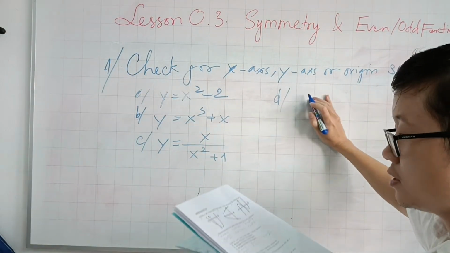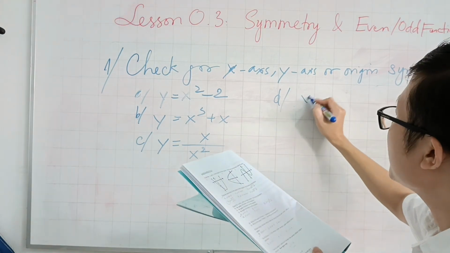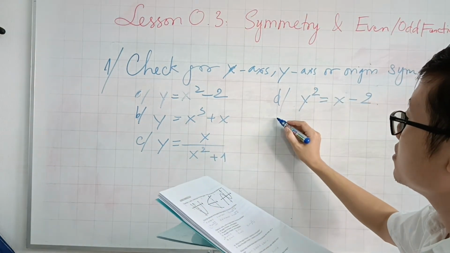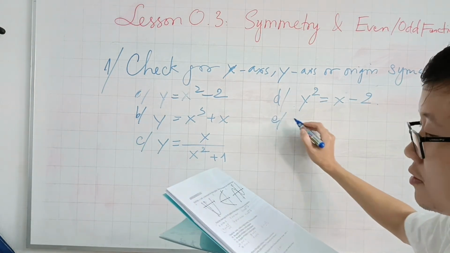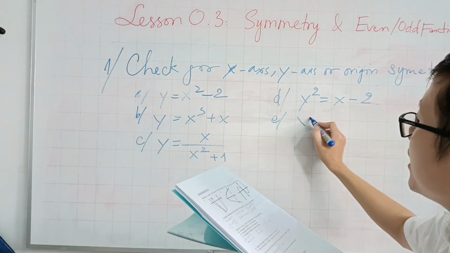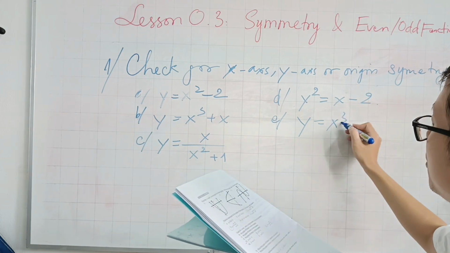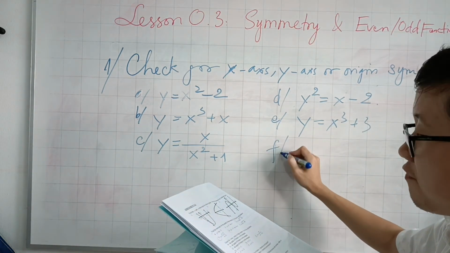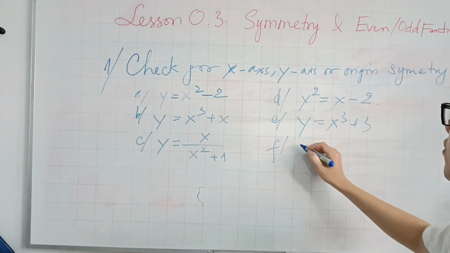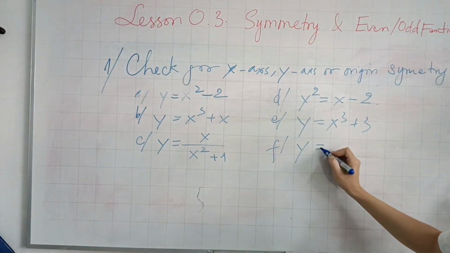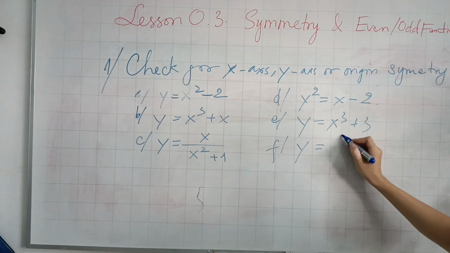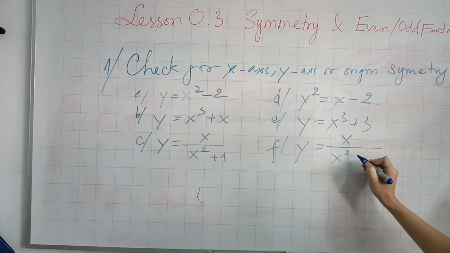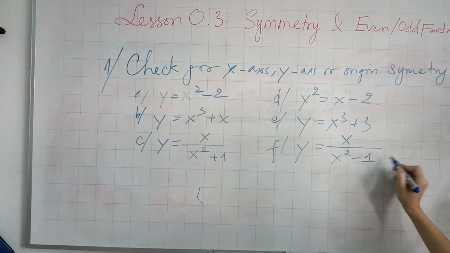D, y squared equals x minus 2. E, y equals x cubed plus 3. F, y equals x over x squared minus 1.